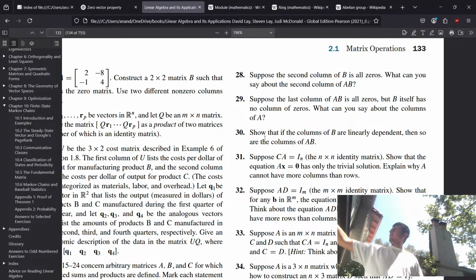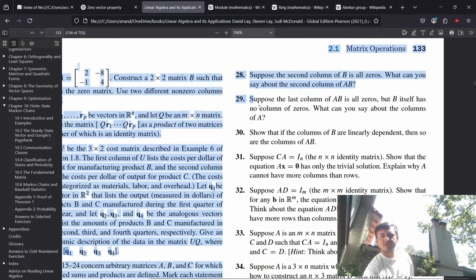So, AB, okay, 30 we just showed, but let's do number 29.